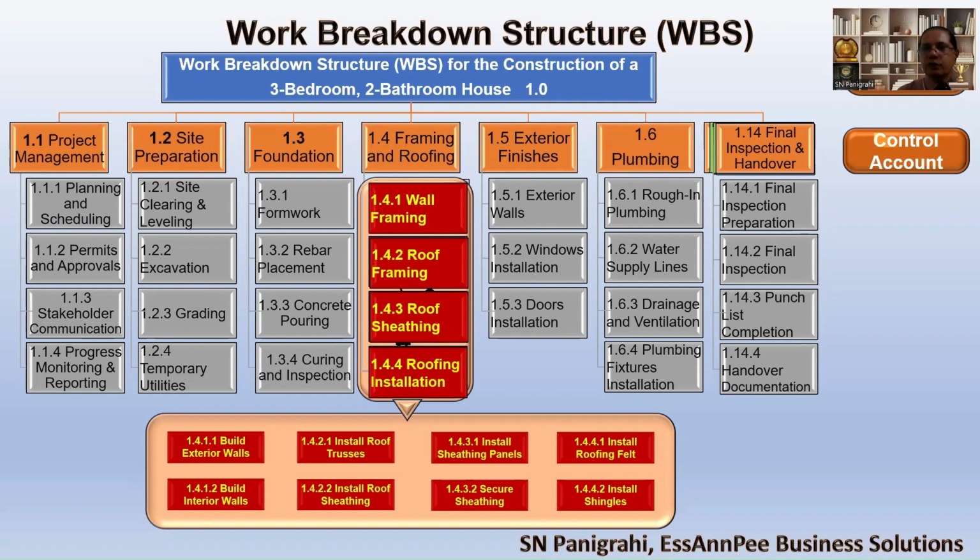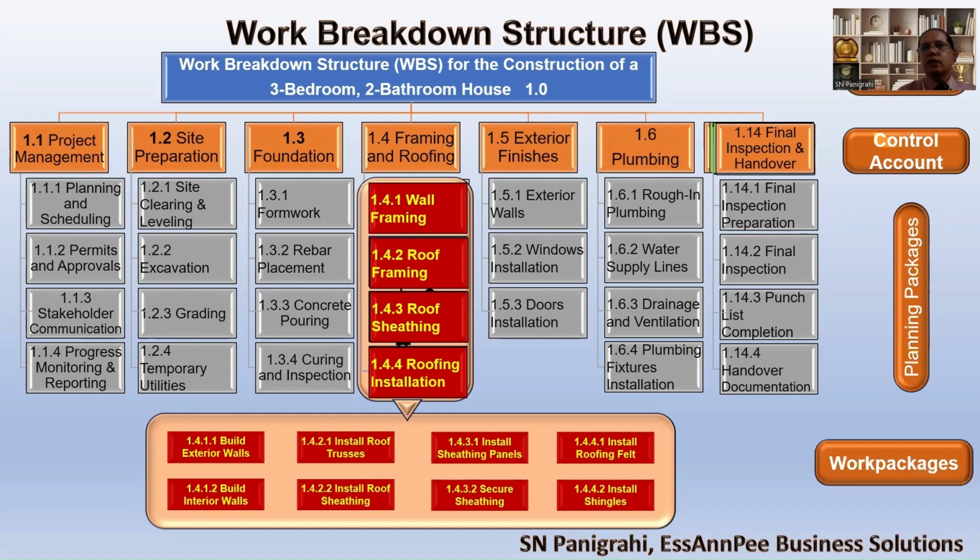The control account is further broken down into planning packages, and planning packages are further broken down into work packages. At the work package level, we can easily estimate the schedule, cost, and resource requirement. So we are breaking the entire project down from the high level to the lowest-level tasks. Okay, that is the work package level.